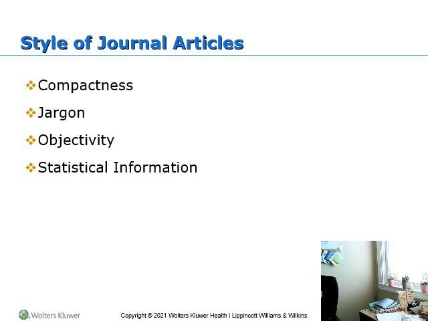So a heavy research journal is going to be a heavier read than, say, a research study that's in a practice type journal. And when we talked a little bit about what type of journals you should subscribe to early on in your career, you should look at those journals that may not be as heavy of a read. It takes some time to build those skills, just like anything else.